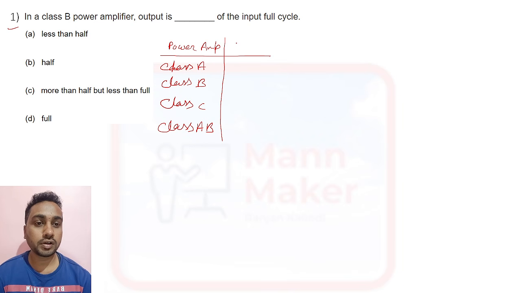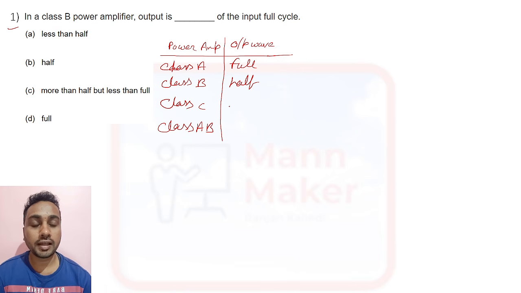If we talk about the output waveform, in a class A amplifier, the output waveform will be the full input cycle. In class B, it will be the half of the input waveform.